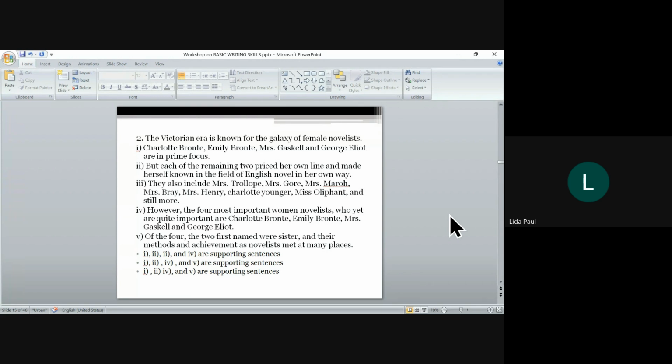Look at the first sentence, are in prime focus, right? And look at the fourth sentence, the four most important are, and so on and so forth. So aren't they both one and the same, more or less the same? Yes or no? They're saying the same thing basically, right? Yes, ma'am.